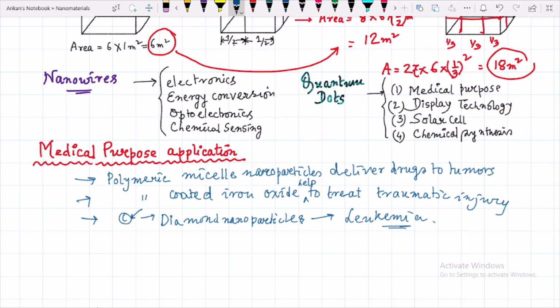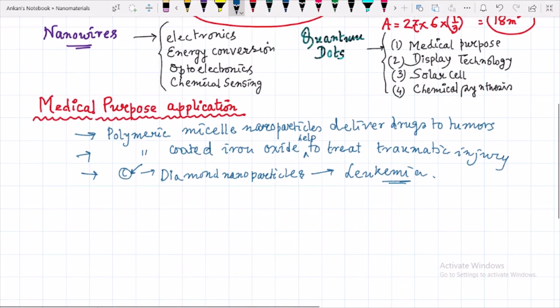The next thing is that we can apply nanomaterials in the manufacturing of different materials.